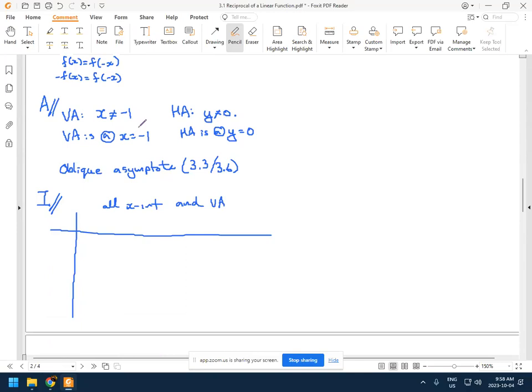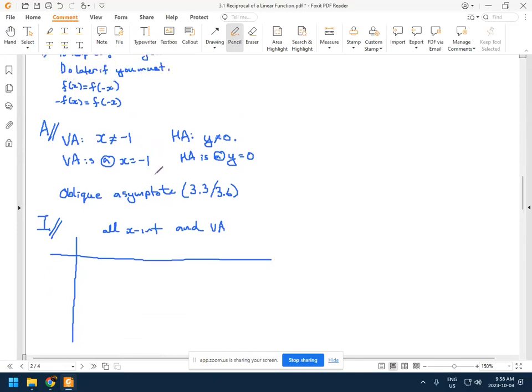What are the vertical asymptotes? There is one vertical asymptote. And what is f of x? The only part of f of x that will change the sign is the denominator portion.